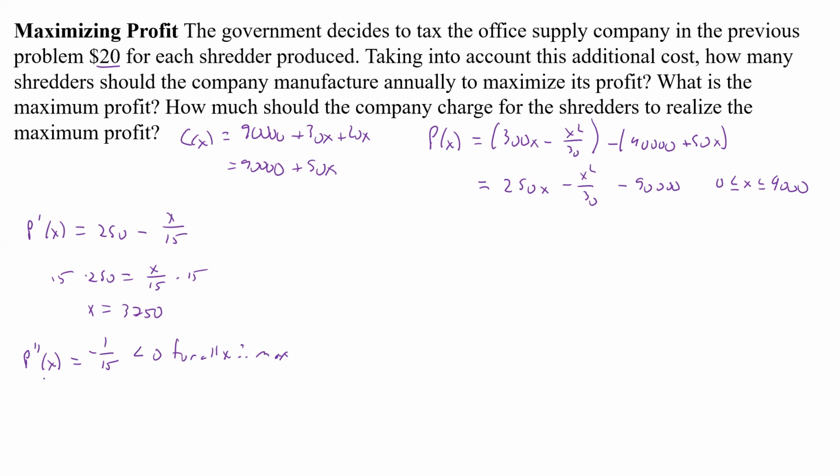And now let's go up here so we can have some room. Max P of X is equal to P of 3750, and that's going to be equal to 250 times 3750 minus 3750 squared over 30 minus 90,000.